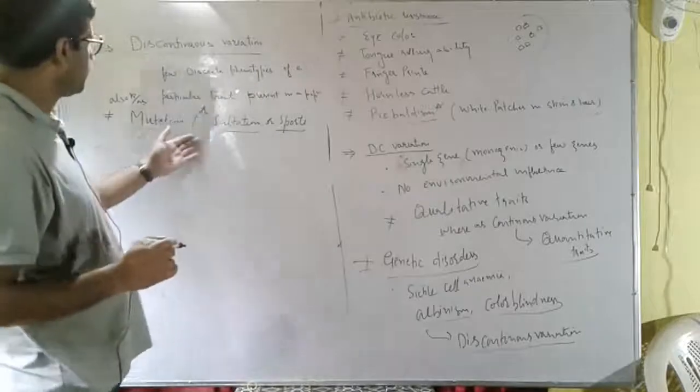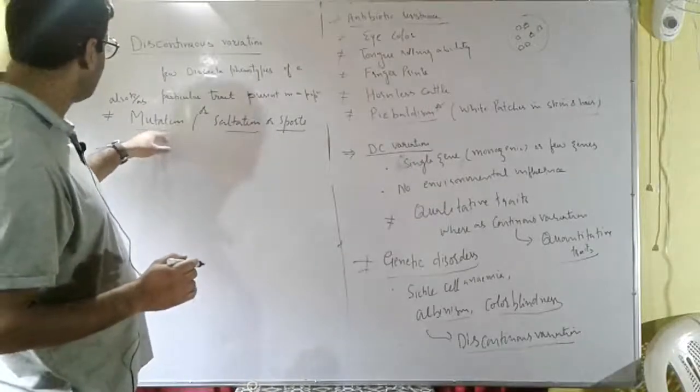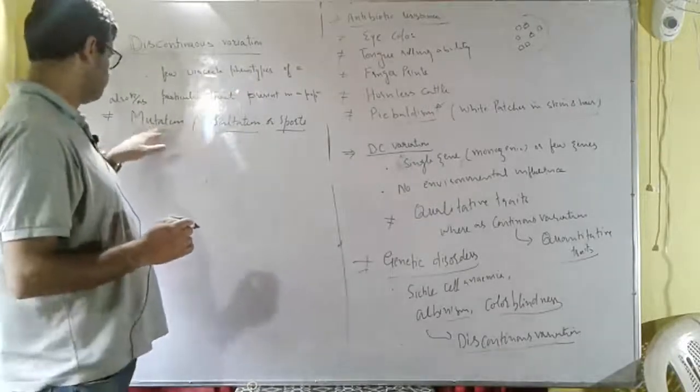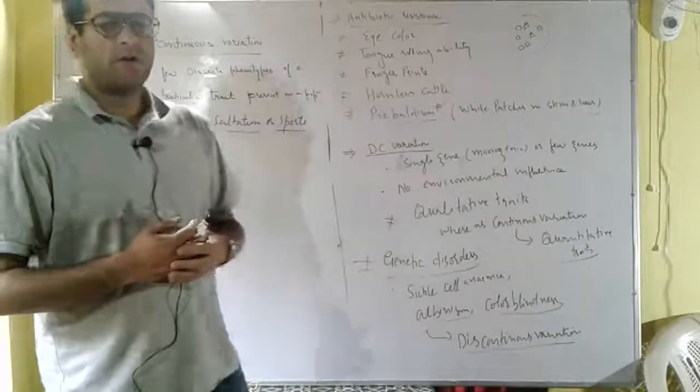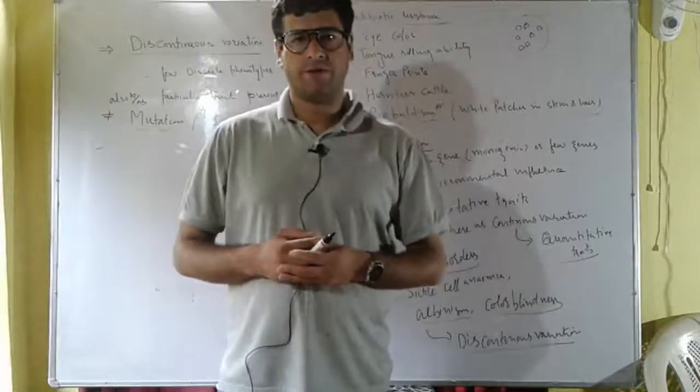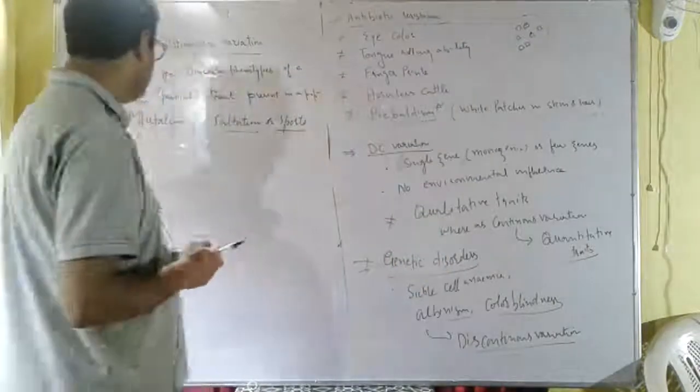The variation which is caused by mutation is also an example of discontinuous variation.